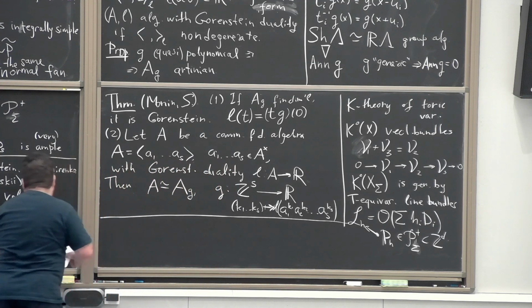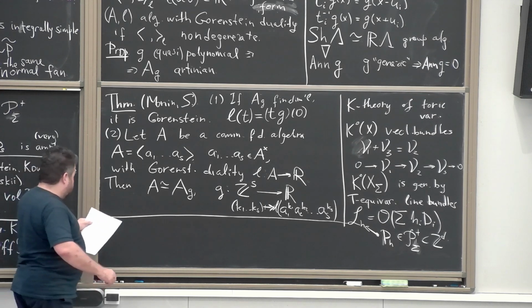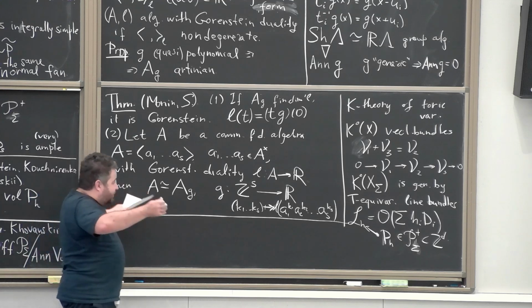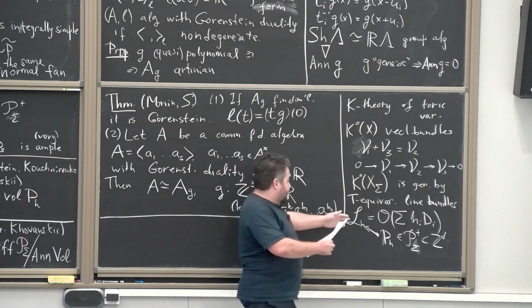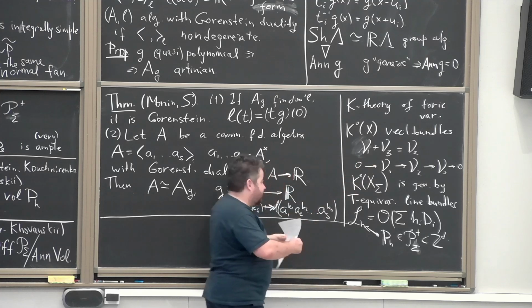Our theorem with Leonid is as follows. What's the map that brings a vector bundle to a number? It's the Euler characteristic, right?